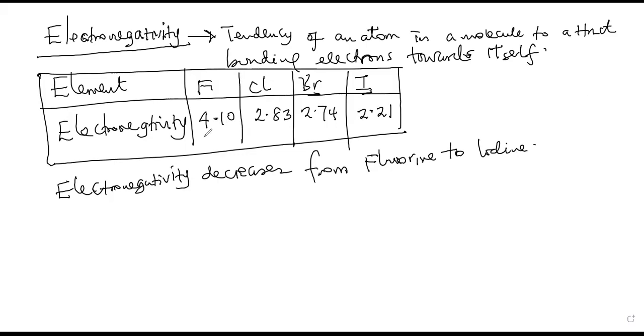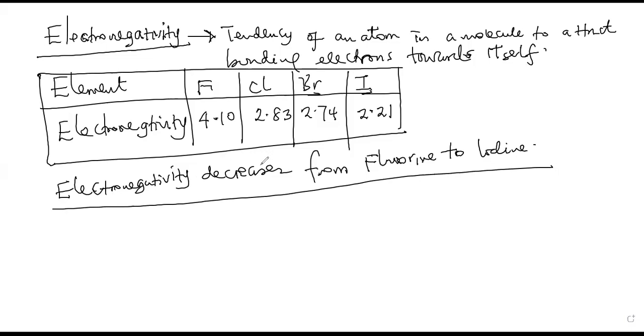So when I say state and explain the trend, I can simply say electronegativity decreases from fluorine to iodine, which is true. So generally may not be necessary, but if put on, nobody will take your paper away or mark it wrong.